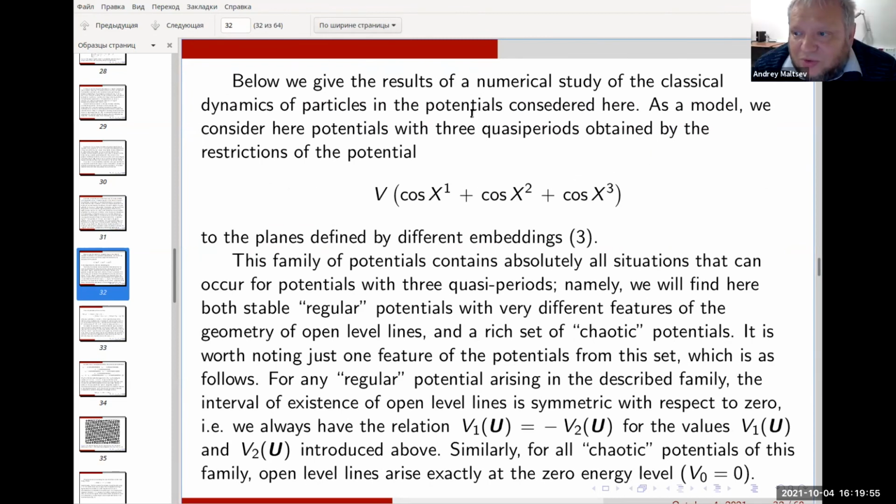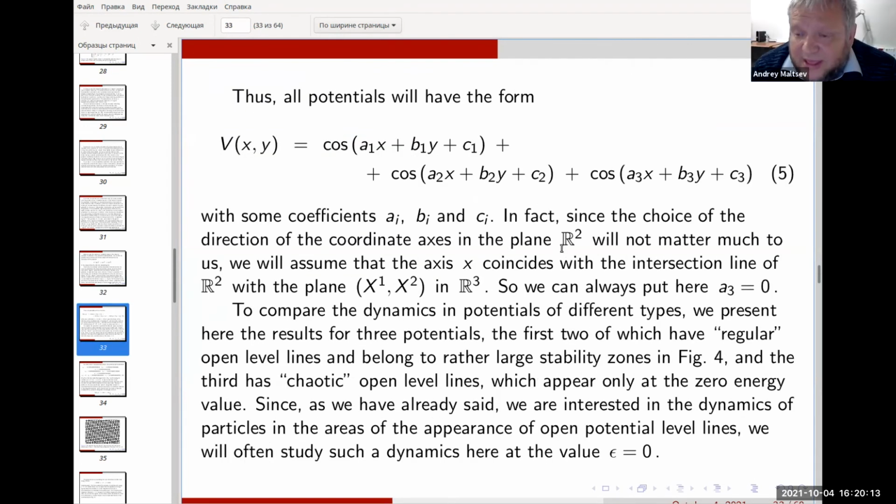We are going to consider again the restrictions of our very simple potential, cosine x1 plus cosine x2 plus cosine x3, on a two-dimensional plane and different affine embeddings.